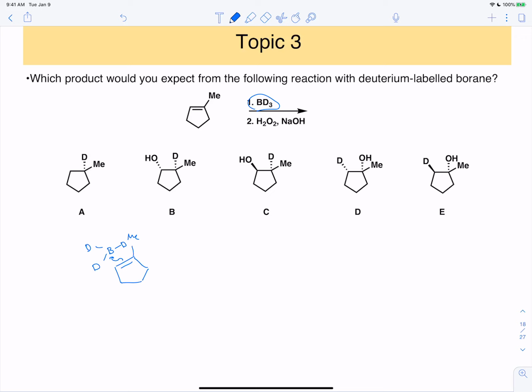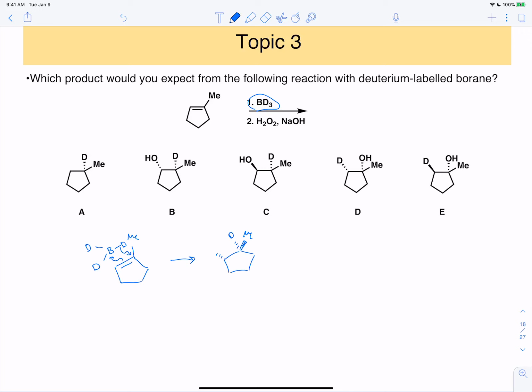This will start to generate positive charge on this carbon. So we know where the boron goes because it will result in positive charge on the more stable carbocation. But before that carbocation even fully develops, the hydride, or in this case deuteride, attacks back and makes a carbon-deuterium bond.